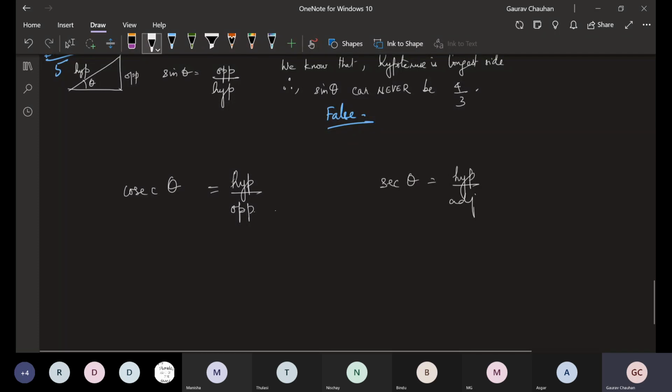Can we say that? Yeah, because hypotenuse will always be bigger than opposite. Yes. Thank you, Manisha, for bringing this to our knowledge. I'm going to give you 10 here. Very good.